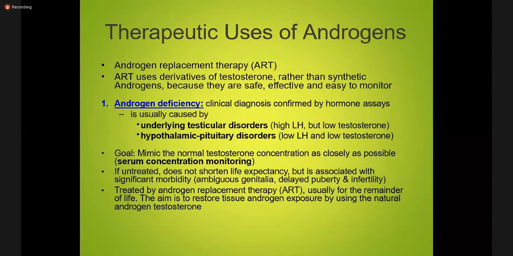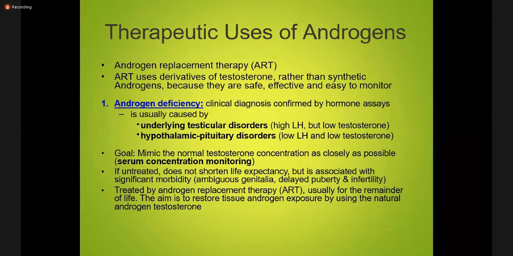If you have low LH as well as low testosterone, it means the pituitary gland is also involved. Testosterone is important for growth and secondary sex characters, so if we find the deficiency in the childhood period, we give androgen replacement therapy.